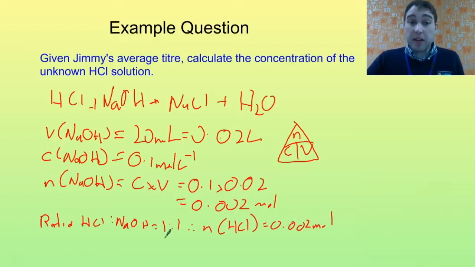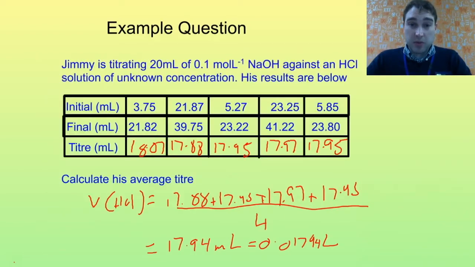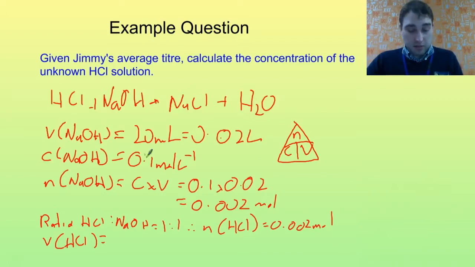Now we have that. The other thing we have is our volume of hydrochloric acid, because that was our average titer. That's what we were putting in the burette when we were doing the titration. So my volume of hydrochloric acid is my average titer, which was what we calculated here, 0.01794 litres.